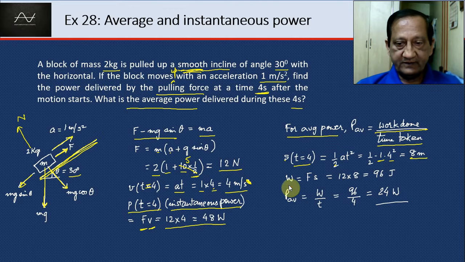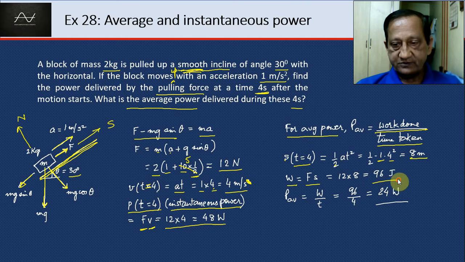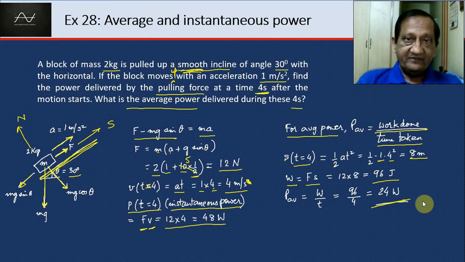The work done by that force is force into displacement. Both the force and the displacement are in the same direction, 96 joules. And the time taken is 4 seconds, so it is only 24 watts. The average power delivered in those 4 seconds is half of the instantaneous power being delivered at 4 seconds.